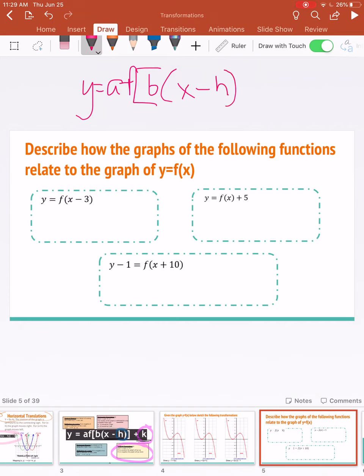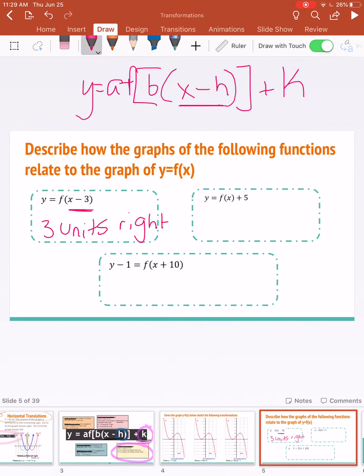Right now for the translations, we're just worried about the H and the K. Because the x is replaced with x minus 3, in brackets, part of that f function, that's a horizontal translation. And remember, it's always opposite to the sign. So we would say that we move 3 units right.